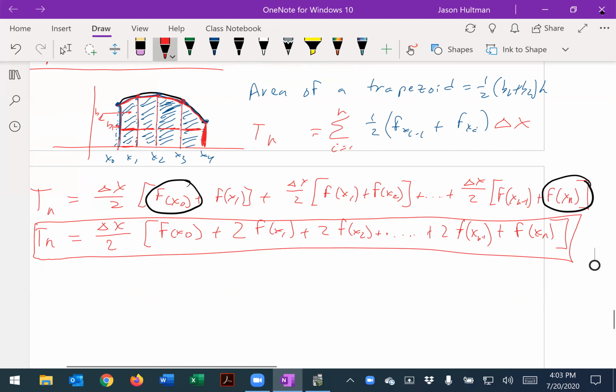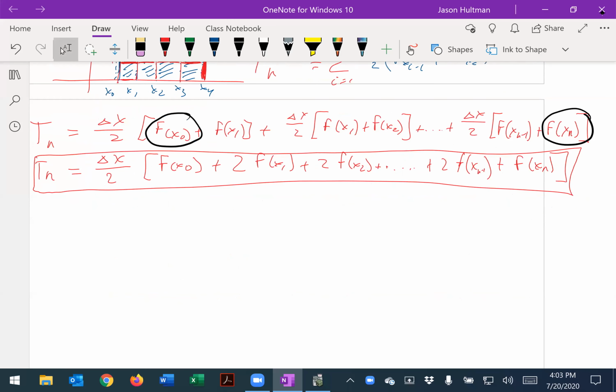Okay, so guess what we're going to calculate now? Any wild guesses? We're going to do natural log of 2, which we get from 1 over x, and we're going to use the trapezoidal rule.